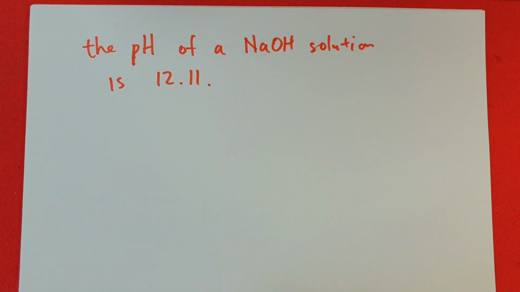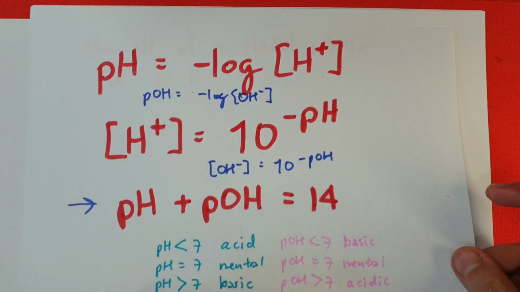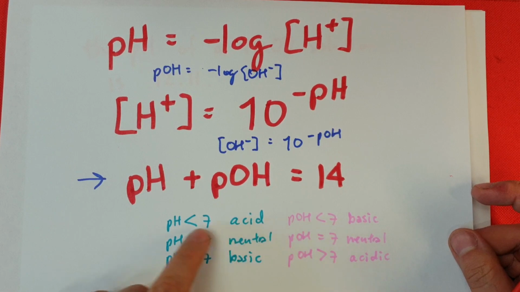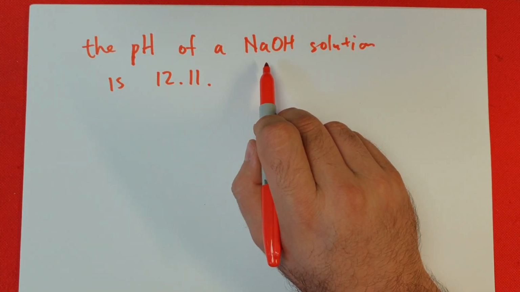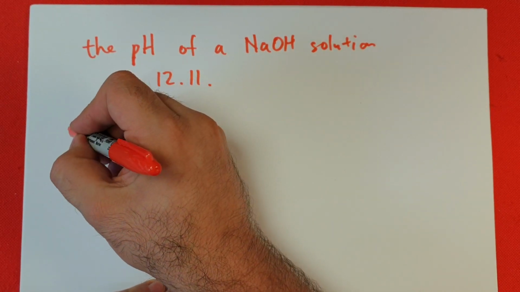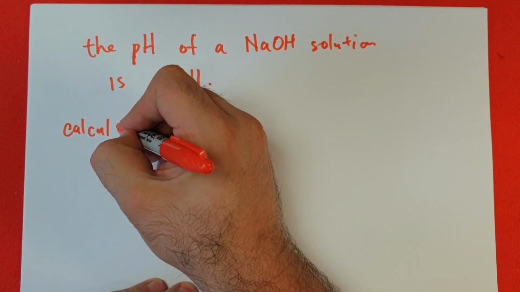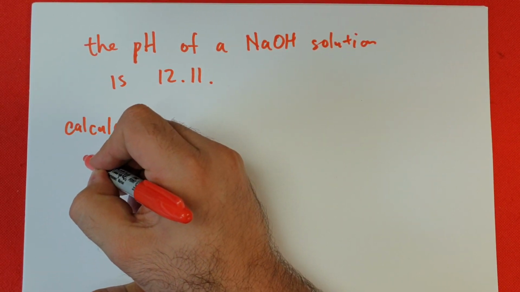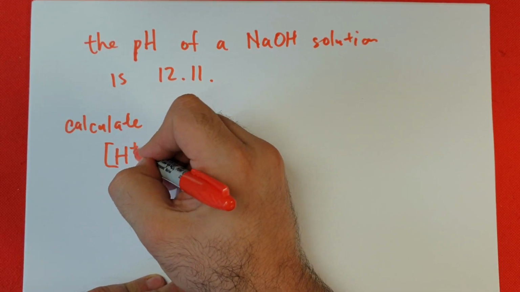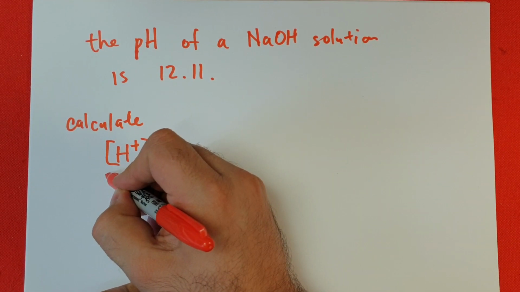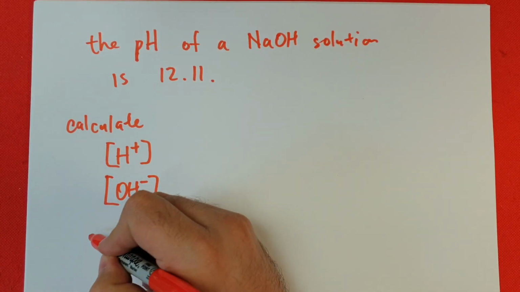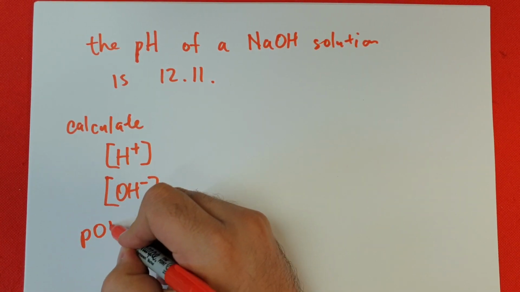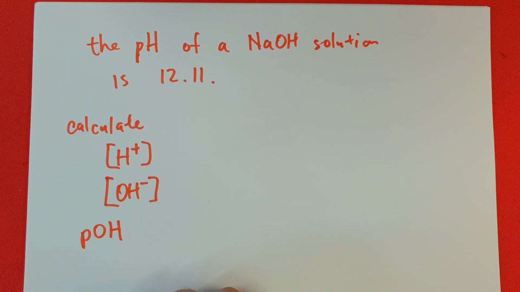So that's consistent, because remember, if the pH is greater than 7, it's basic. Sodium hydroxide is a base. And then it's asking us to calculate the hydrogen concentration, the OH concentration, and the pOH. Okay?